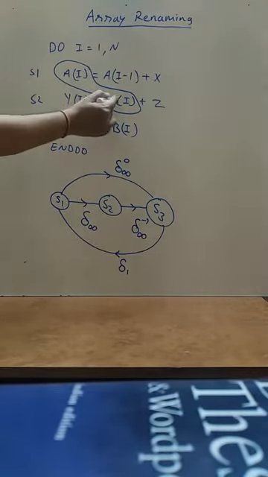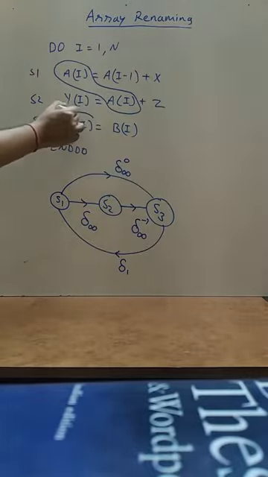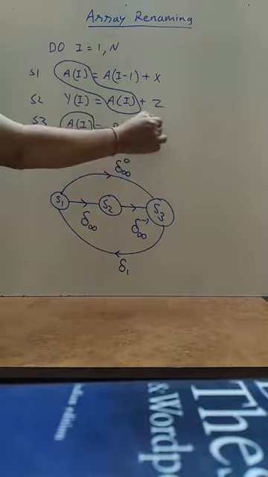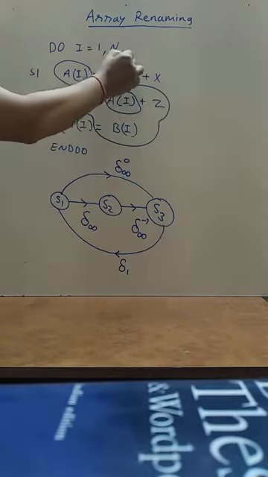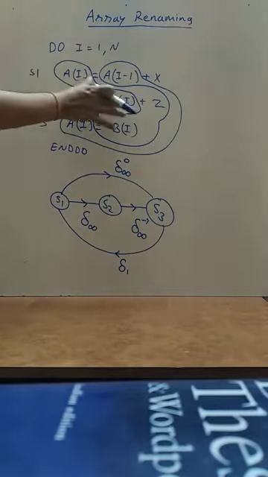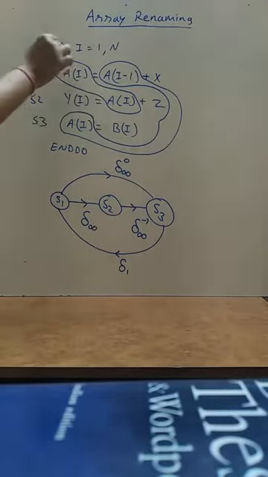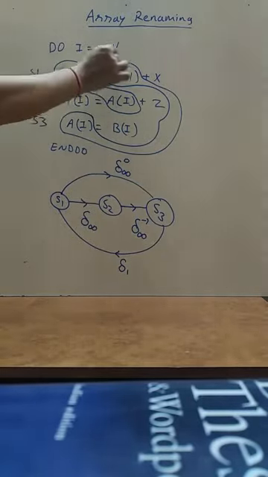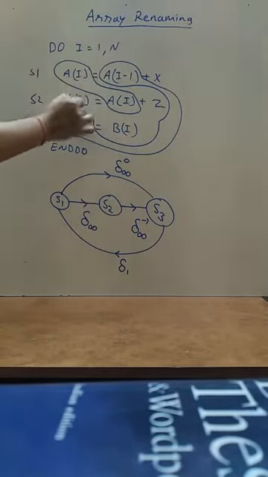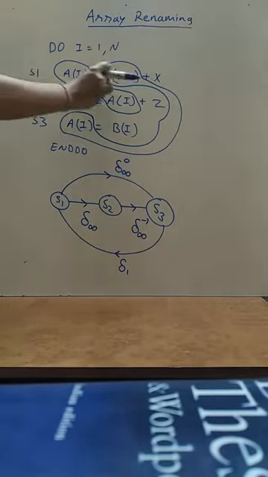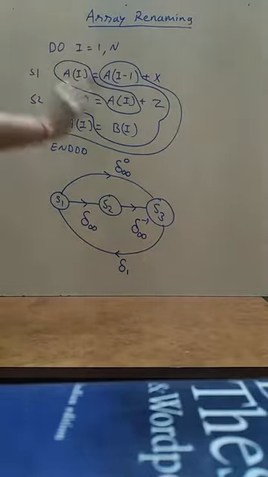Here it is defined and here it is used, and then the left of S3 and the right of S1 is the second part. So this is the first part. These two values are the same. The thing which is defined here is used here. The thing which is defined here is used here. But these two a of I, although they are the same memory location, are holding different values. They do not have any relation.